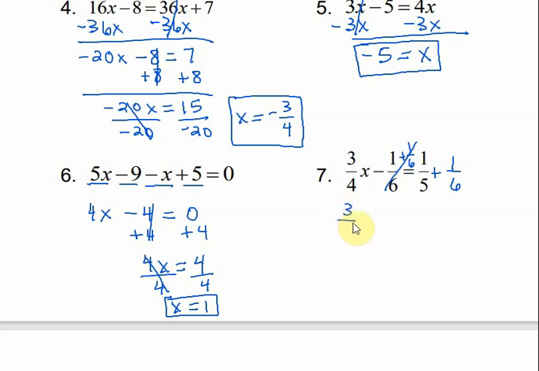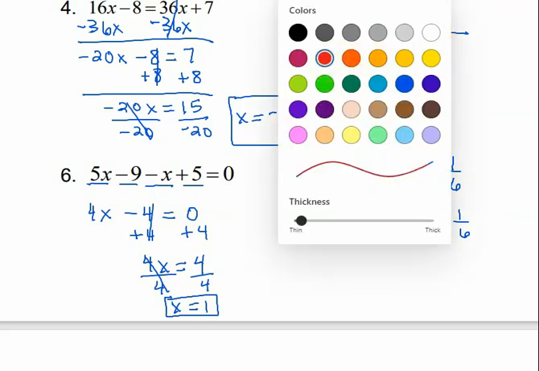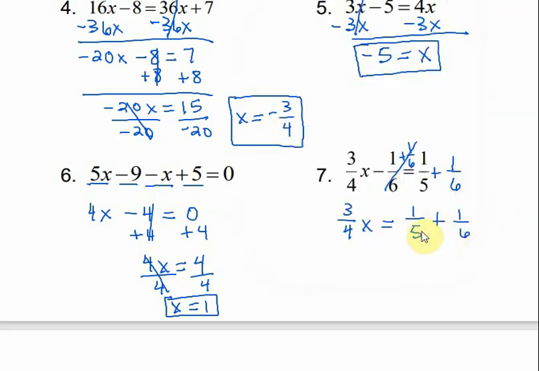That gives me 3/4x equals 1/5 plus 1/6. Well, I need to add those together, but I can't because they don't have a common denominator. So I need to find a common denominator to add these two together. The least common denominator between 5 and 6 would be 30.